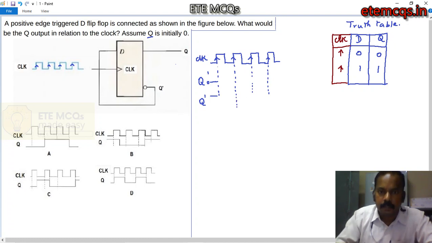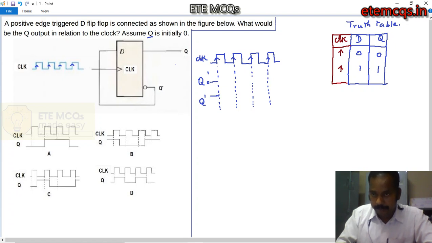The flip-flop triggers only at the positive edge of the clock signal. Q bar is given as input to D, so at this edge of the clock pulse, Q bar which feeds D will be produced at the output, because whatever is given as input to D becomes the output.